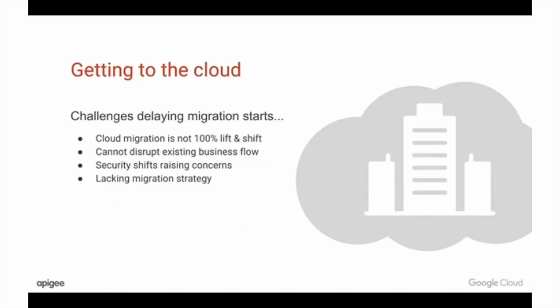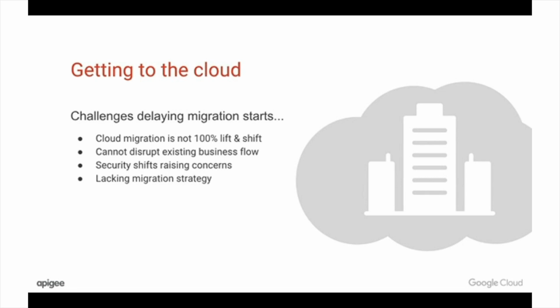Getting to the cloud is not easy, right? This is obviously one of the biggest topics of discussion in the IT and software world in 2018: how do you take your applications which are running on-prem and migrate them to cloud. Cloud migration is definitely not 100% lift and shift. You have to do all sorts of different stuff.